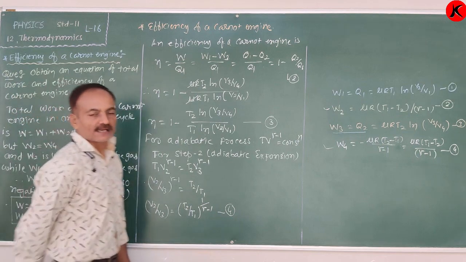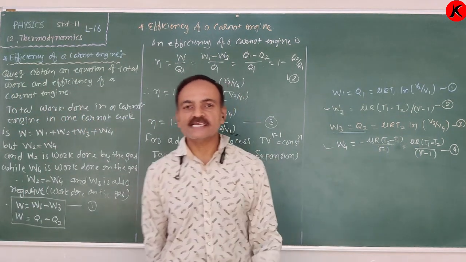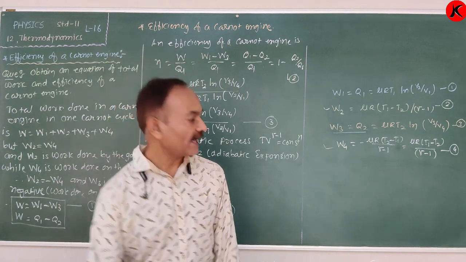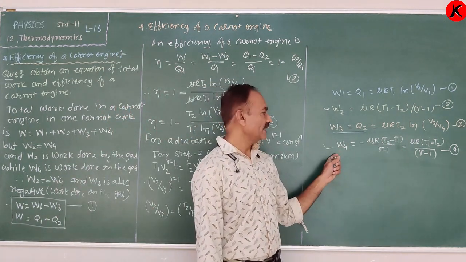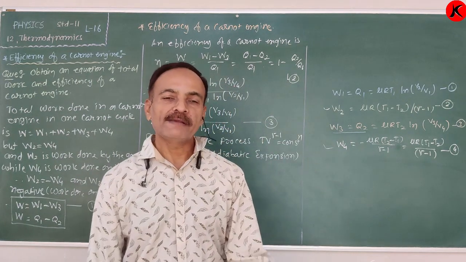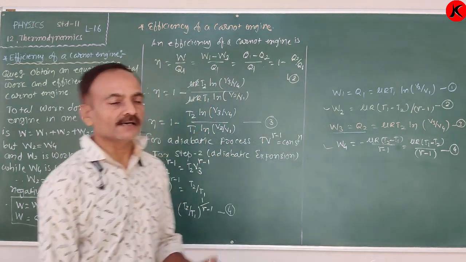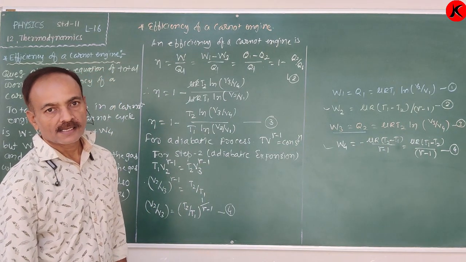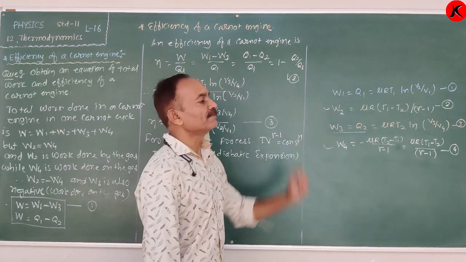During the Carnot cycle, again an adiabatic process occurs in step 4. That is the adiabatic compression. Here the system goes from P4, V4, T2 to the P1, V1, T1 state by the adiabatic compression.